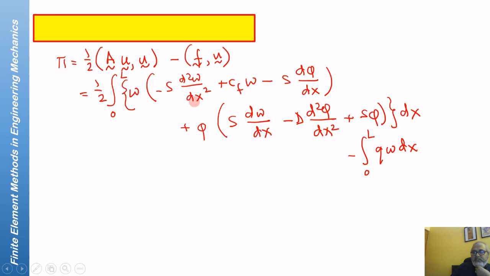So now this is your weak form, but this can be simplified a little further, and the boundary conditions would come out of it.